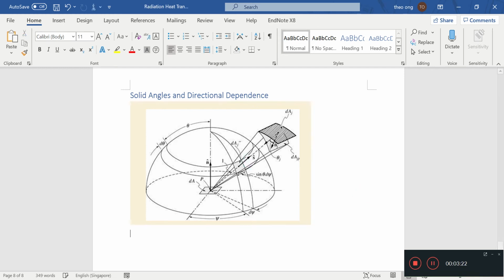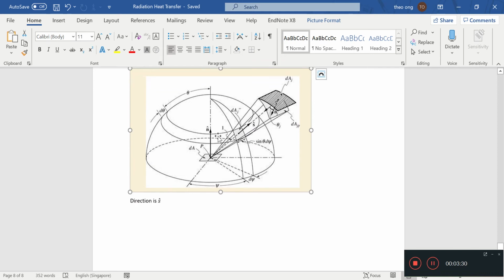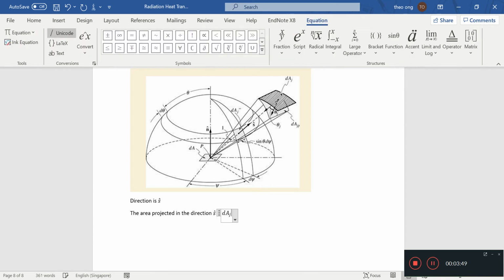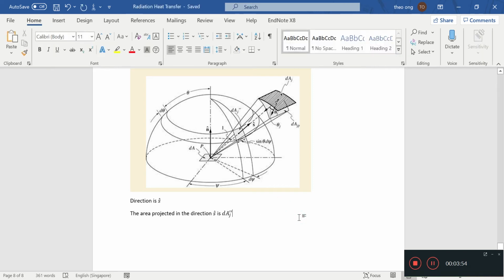You see this little S hat over here, and there's also this normal area. The area projected in the direction S hat is dA double prime j. So this is the normal area.